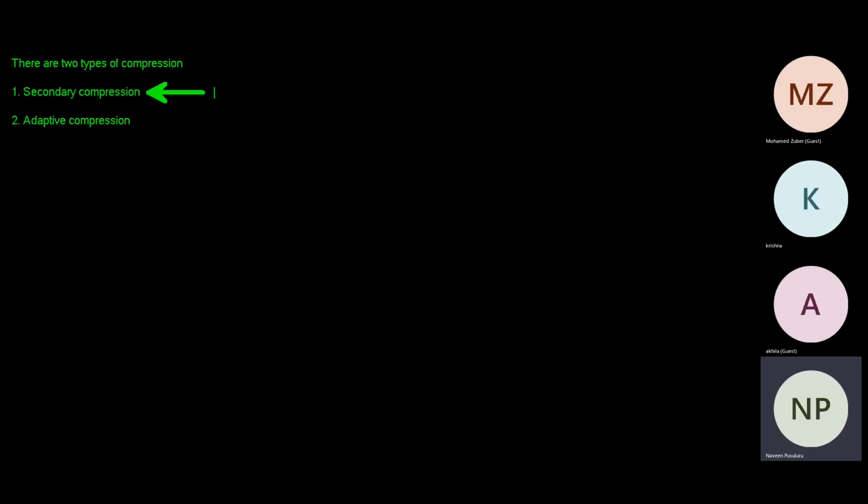If you want high compression savings and you don't care about performance, then go ahead with secondary compression. Normally, secondary is the default option for FAS arrays.